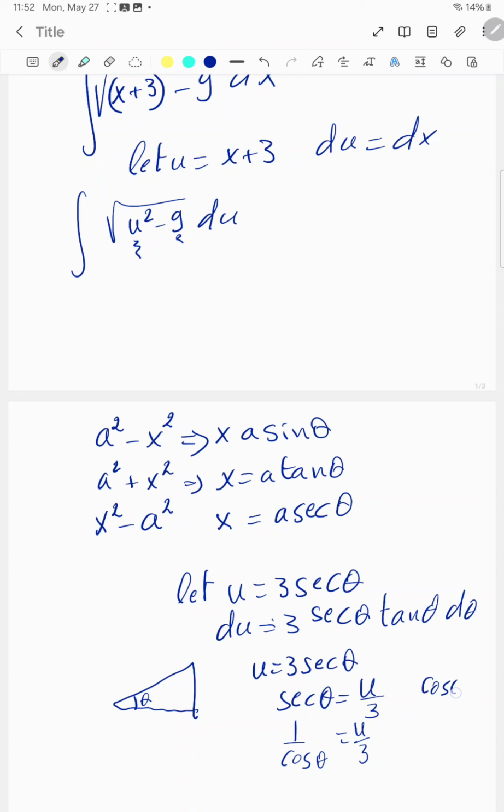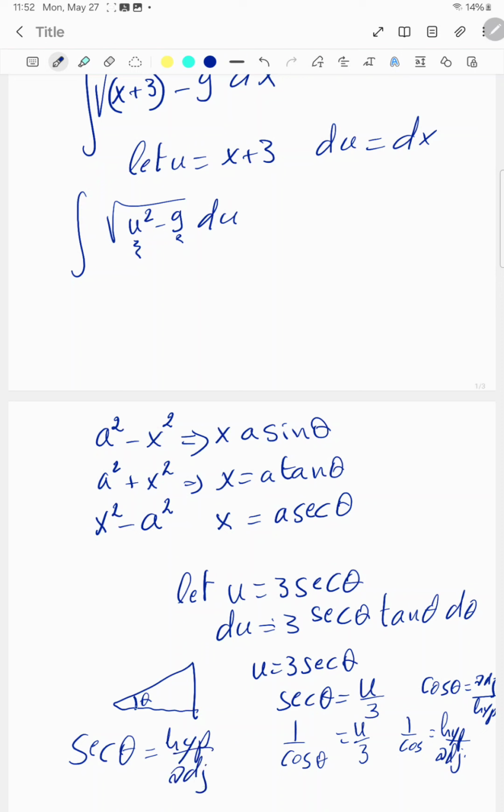And I know the sec is 1 over cos of theta, equal to u divided by 3. But usually cos of theta equals adjacent divided by hypotenuse. So 1 over cos will become hypotenuse divided by adjacent. So my sec of theta is equal to the hypotenuse divided by the adjacent line.